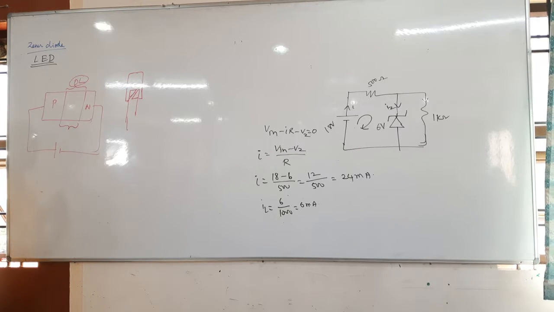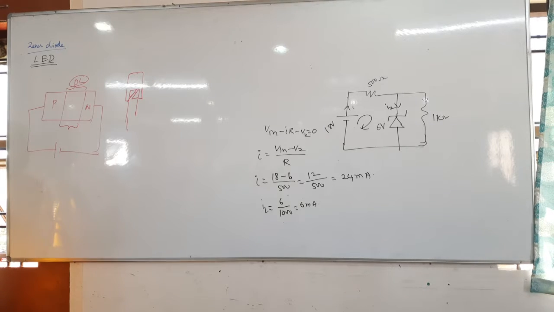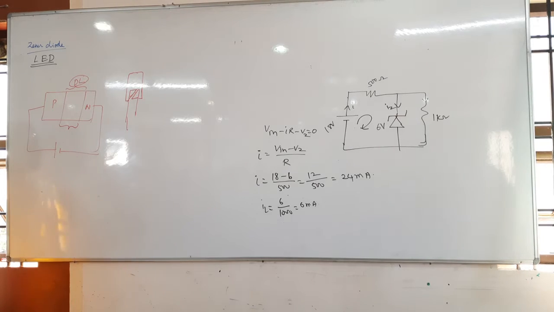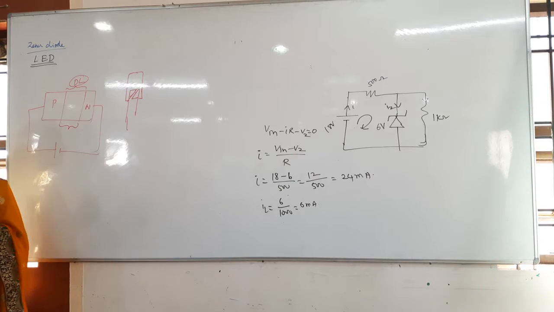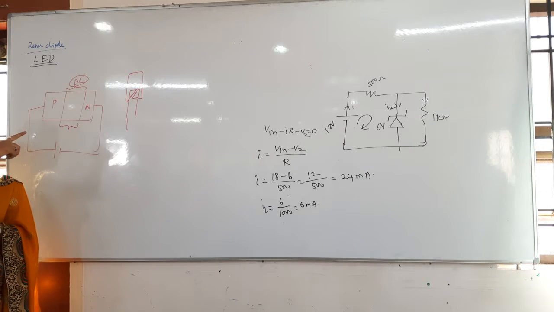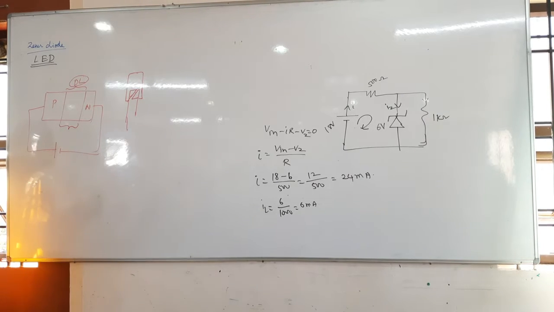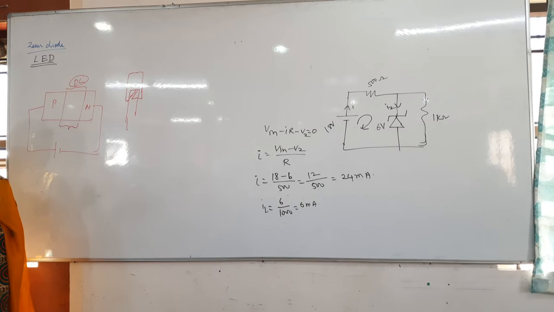Now here, whenever I connect in the forward bias, I said that it is heavily doped. Heavily doped is nothing but more number of free charge carriers will be there. So more free charge carriers are there, and immediately I connect the forward bias, then what happens? They will gain the energy. So many electrons and then holes are there.